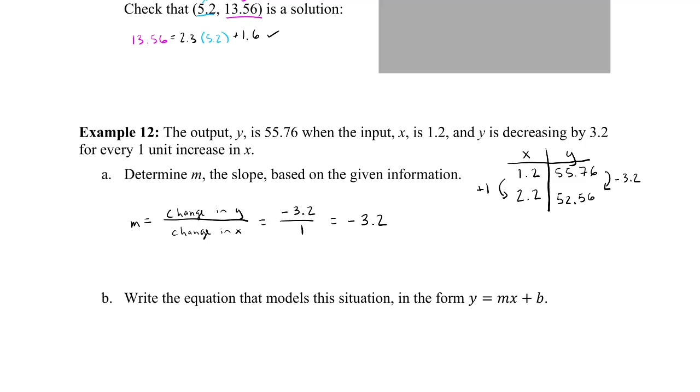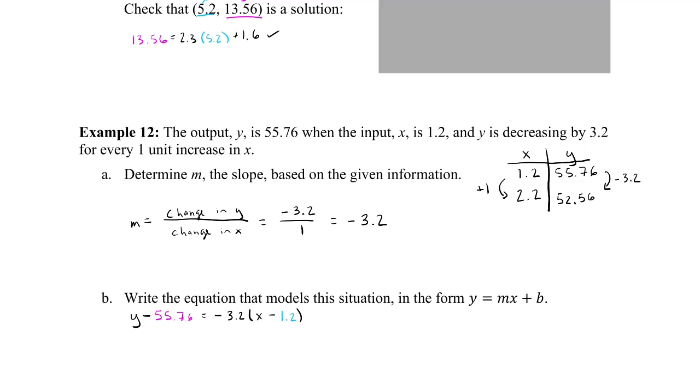So now we can write the equation that models this situation. We'll start with y minus our given y is equal to our slope we just found, negative 3.2, times x minus our given x.